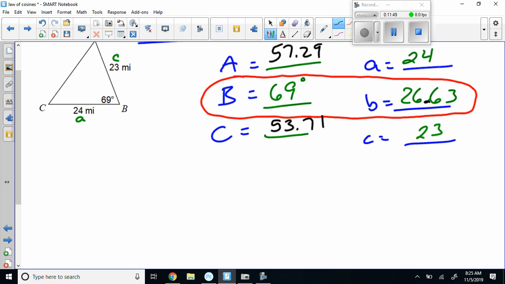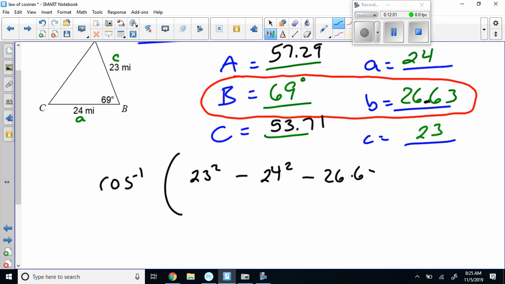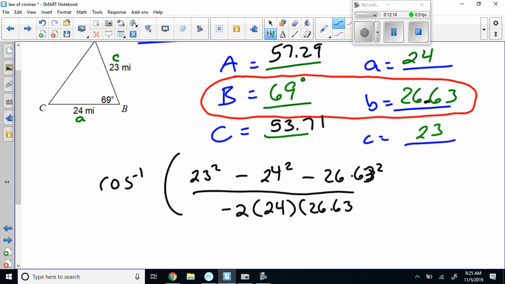So we'll go cosine inverse of C squared, so that's 23 squared, minus 24 squared, minus 26.63 squared, all over negative 2 times 24 times 26.63, right? All right.